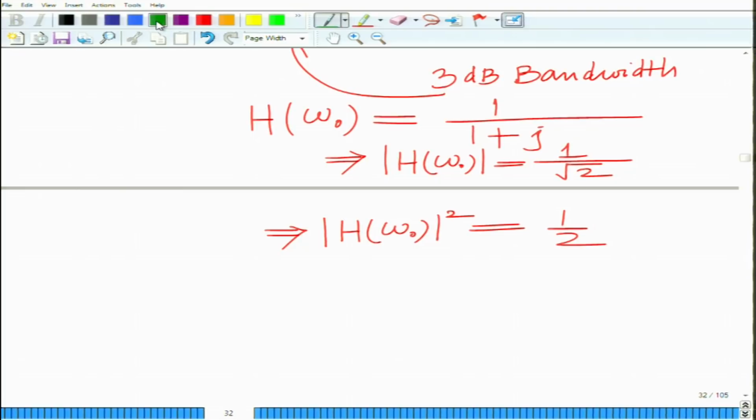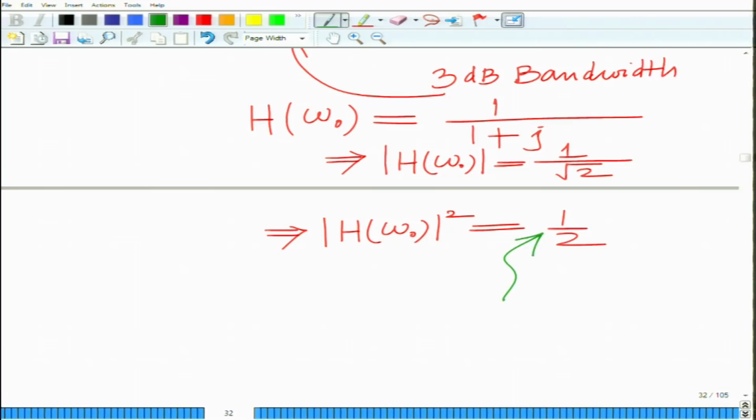Therefore, the output power is half corresponding to that frequency, which basically corresponds to a 3 dB suppression in the power of the signal that is input to this RC filter. So, the output power is subdued or suppressed by a factor of half.